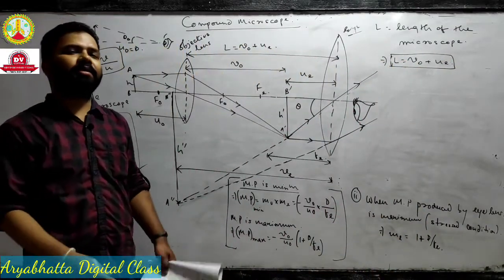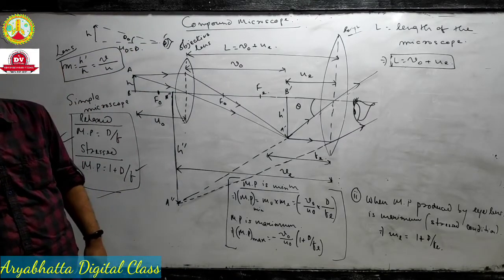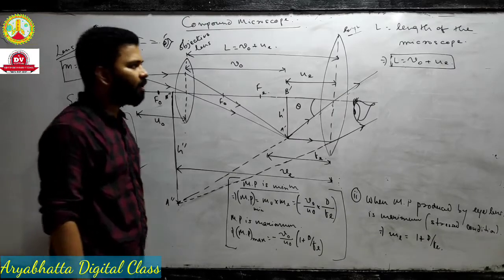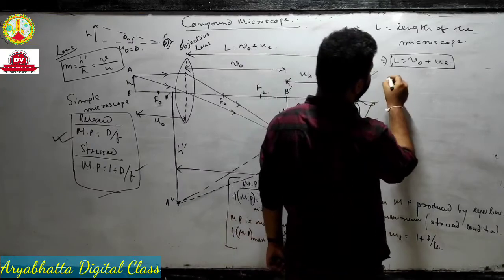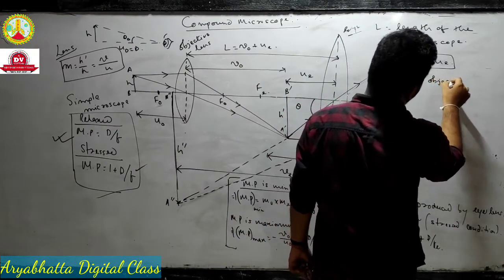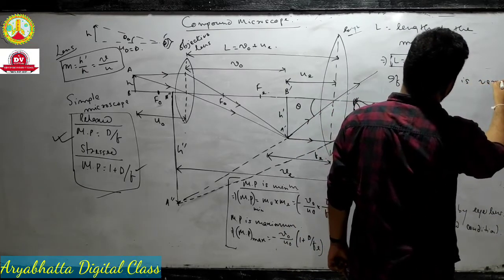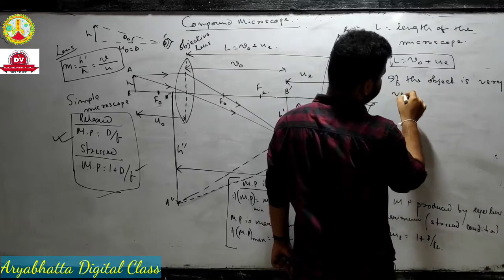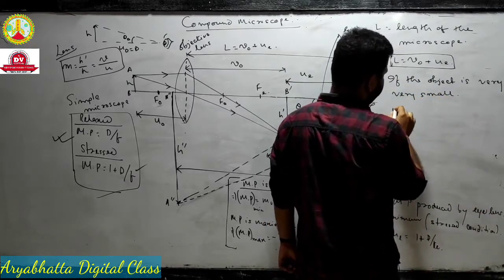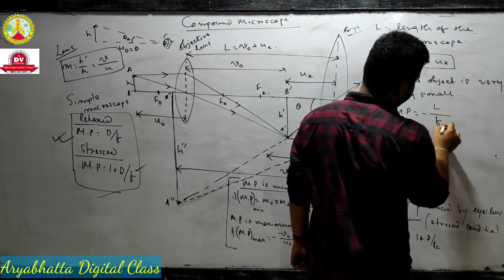Now there is an equation that you have to remember. If the object is very small, then the magnifying power is given by minus L by F naught.